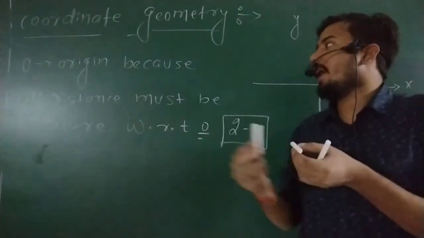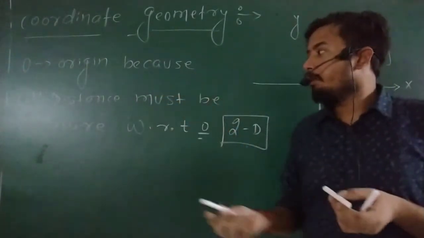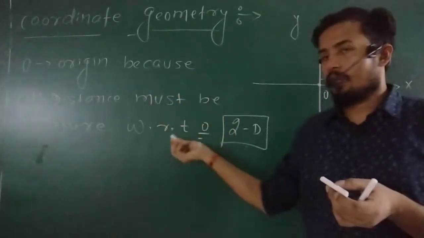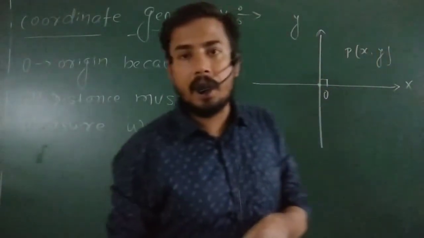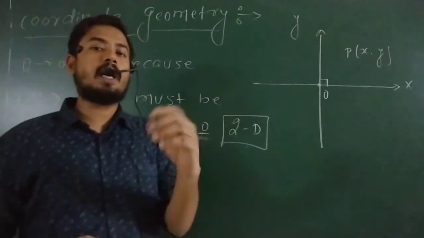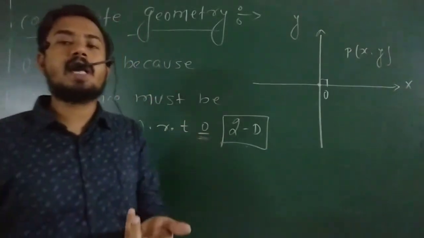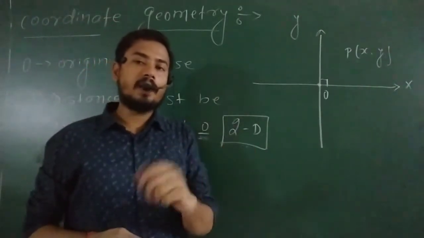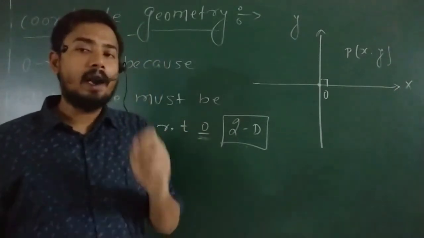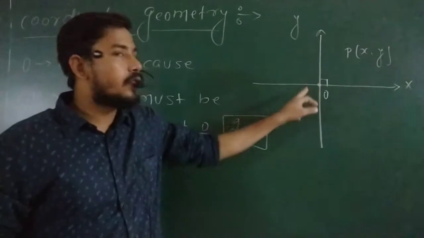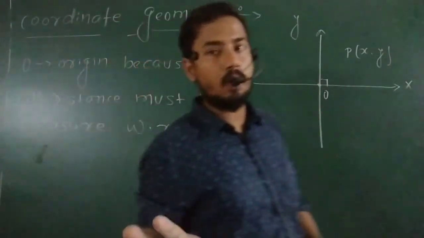Now why do we call this origin? Because all distances must be measured with respect to the origin. Whatever you will measure in upcoming lectures, suppose I am telling you a student is standing at (3, 5). (3, 5) means all the distances are taken from the origin, because it is also known as the reference point. Done buddy? Okay.